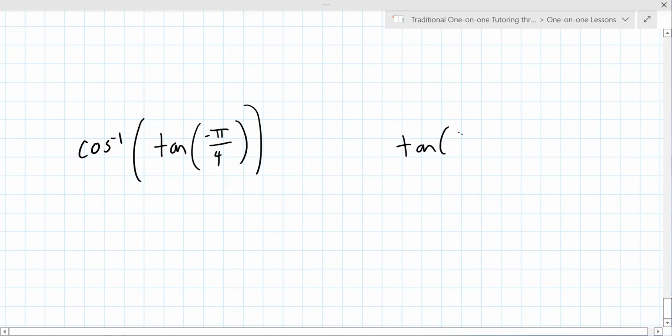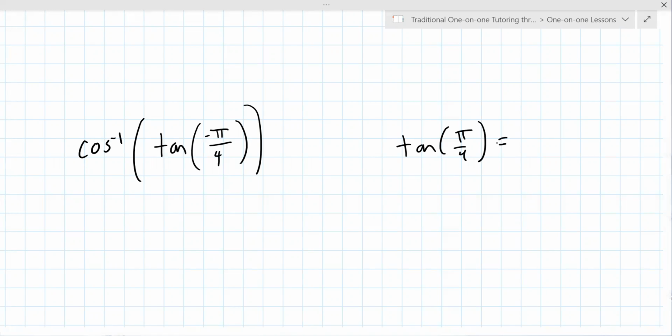What is tangent of pi over 4? It is 1, yeah.